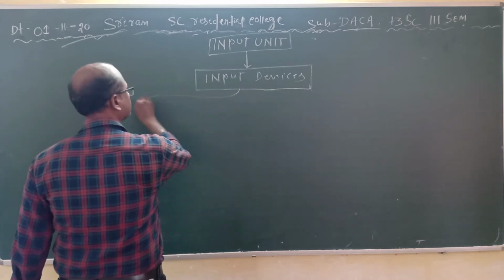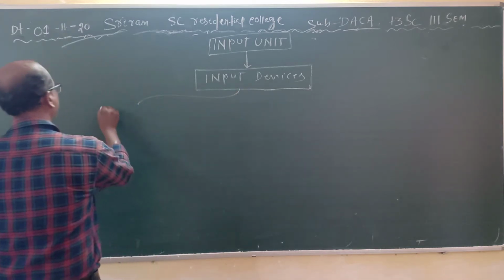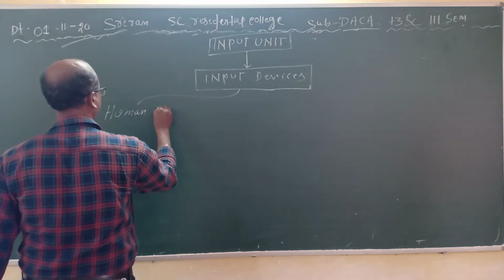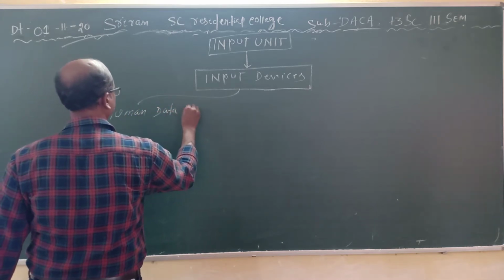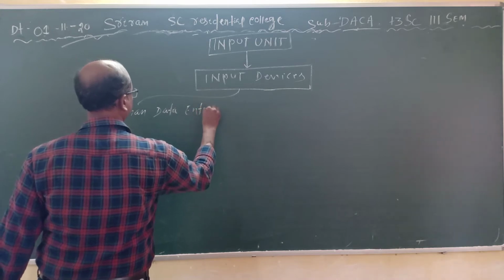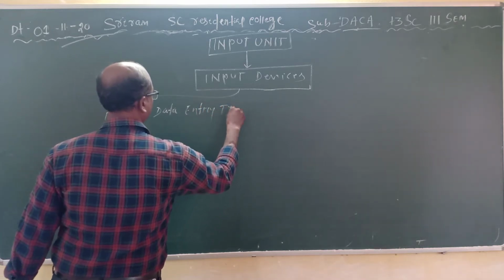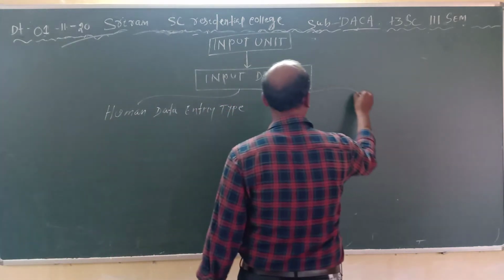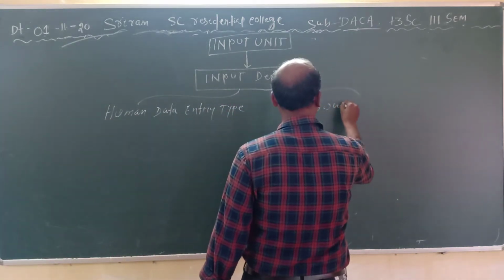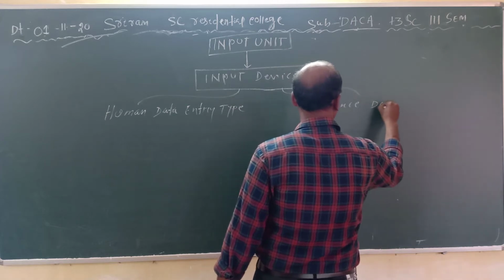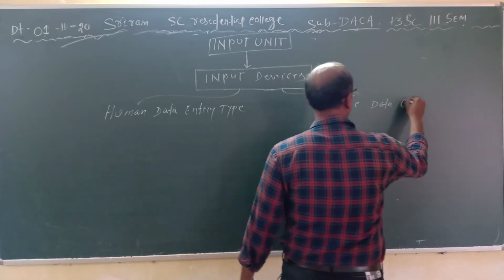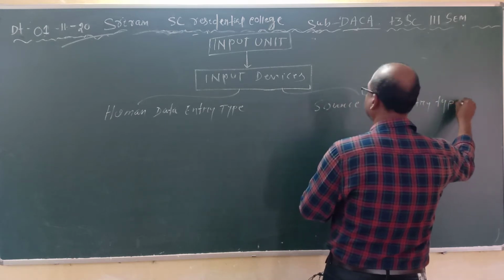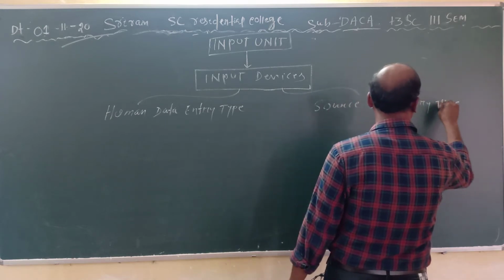One is the human data entry type. Another kind is the source data entry type.